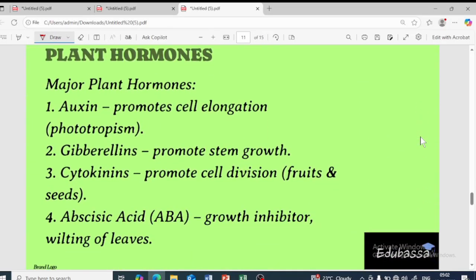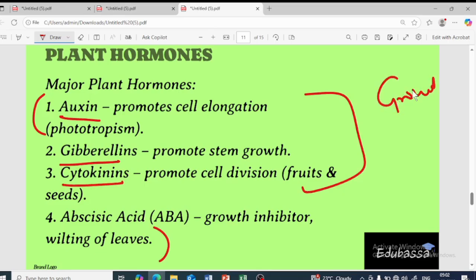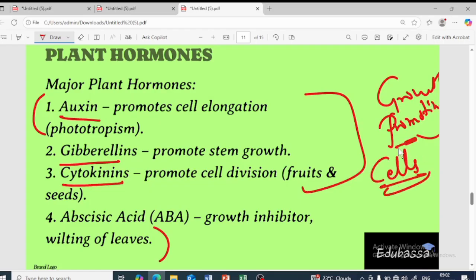So these are the plant hormones mentioned in your NCERT textbook. One is Auxins, Gibberellins, Cytokinins. So these are basically growth promoting hormones. Growth promoting, as the name itself says, in the sense it helps in growth. Auxin elongates the cell. So cell elongation takes place, and hence also helps for phototropism, which we will learn further.